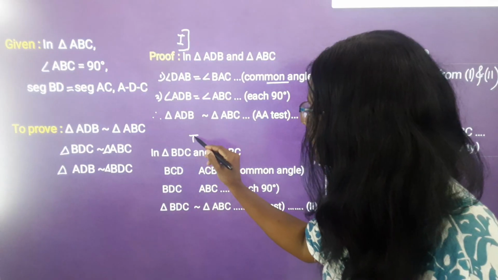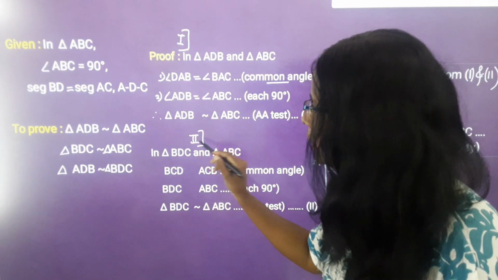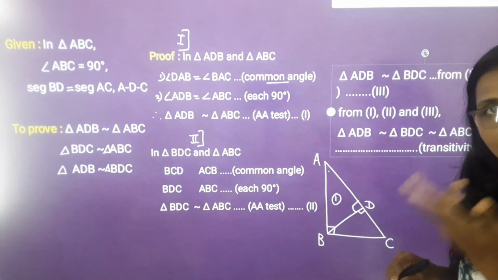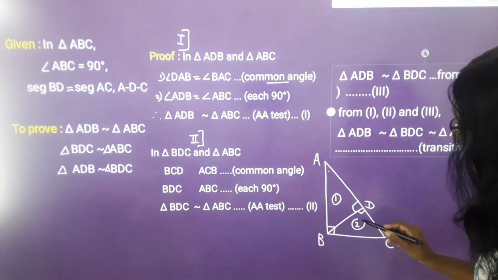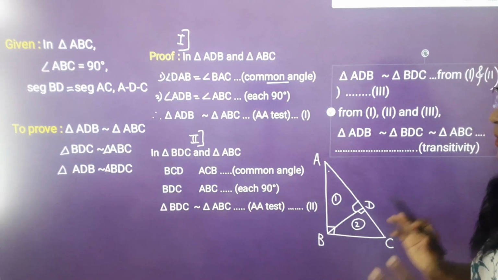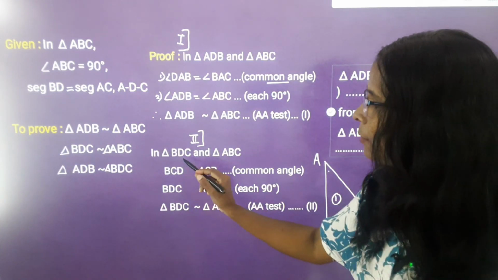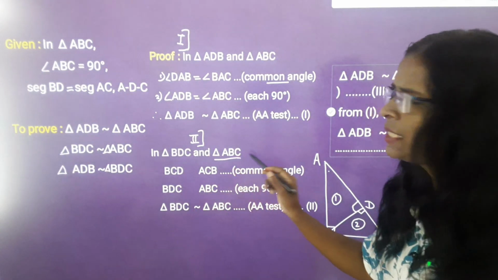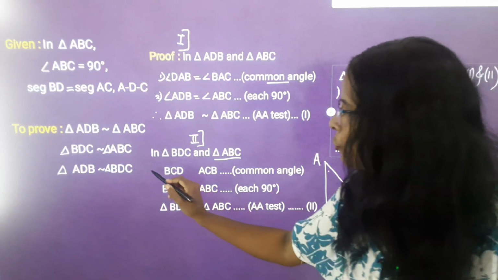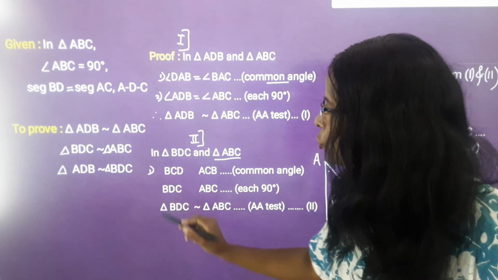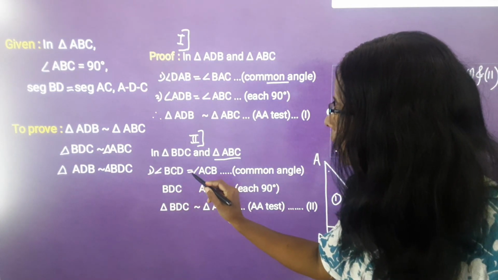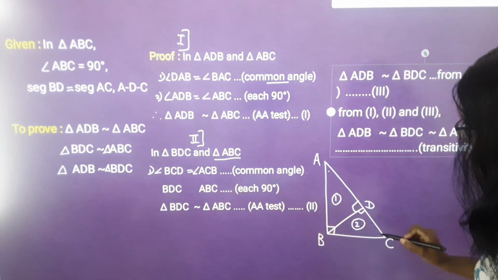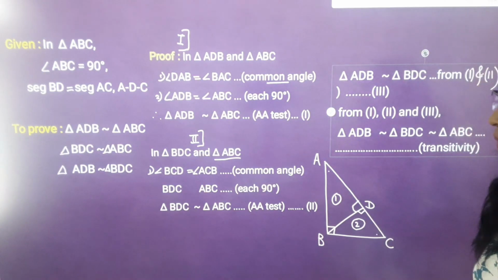Now the second part. Now there is a second new triangle, that is BDC. So let us consider triangle BDC and ABC, ABC is the original triangle. So here in these two triangles, first, angle BCD is equal to angle ACB, because it is a common angle.